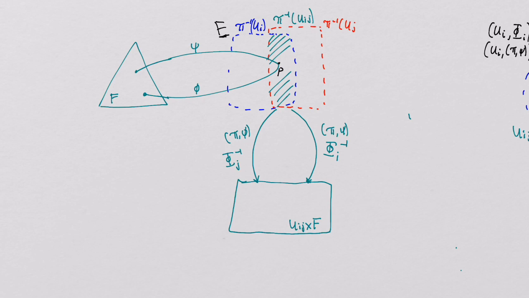In other words, each point in here is an ordered pair BF, where B is an element of the base space and F is an element of the generic fiber.